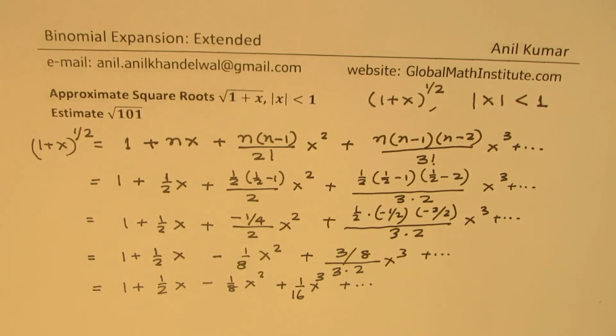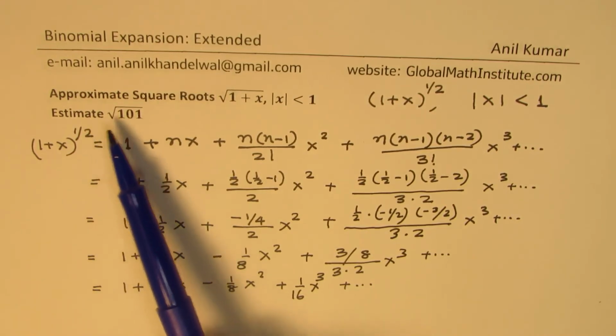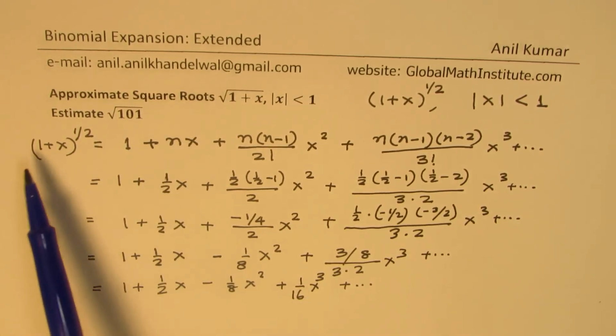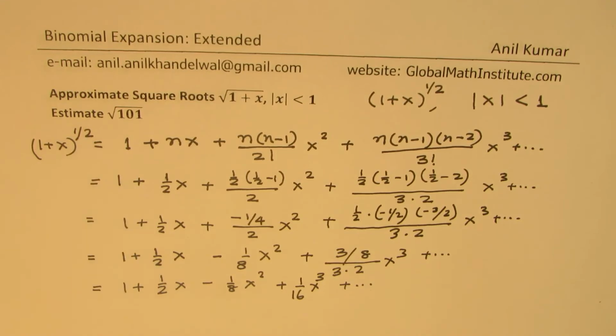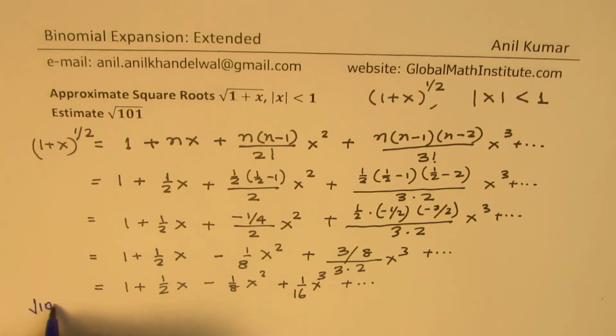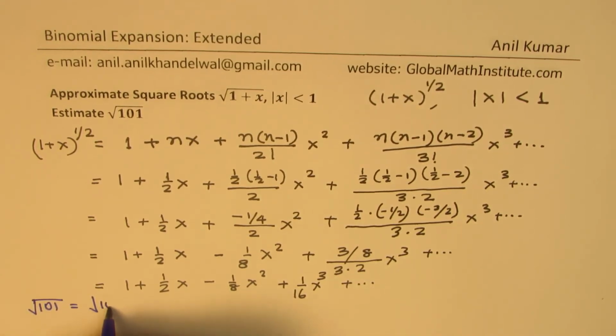So what I would like you to do is to calculate the square root of 101 using this expansion of 1 plus x to the power of half, correct? How are you going to do it? Well, you could write the square root of 101 as the square root of 100 plus 1, right?